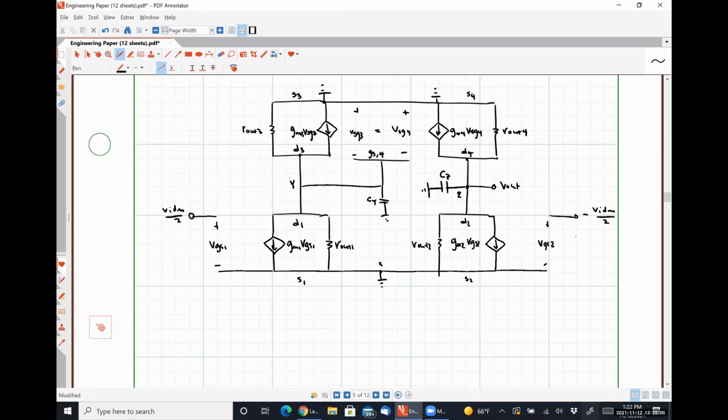So we could say that we have a current of I1 flowing down and a current of I2 flowing up, where both I1 and I2 are GM1 VIDM over 2.